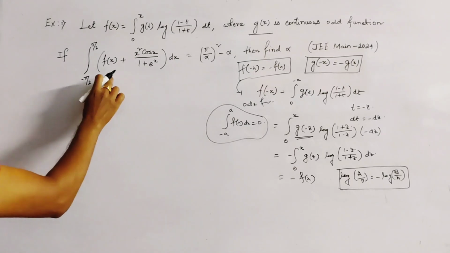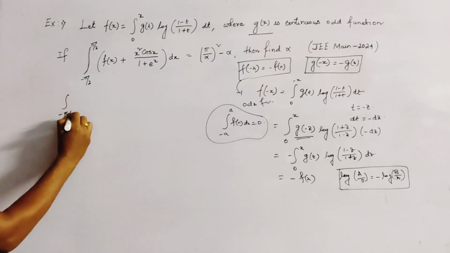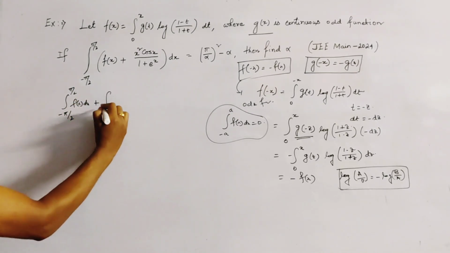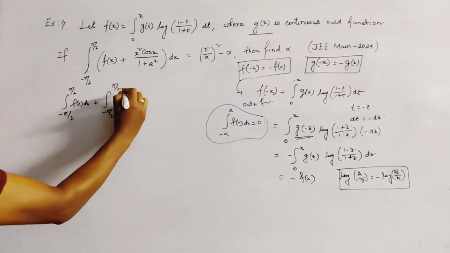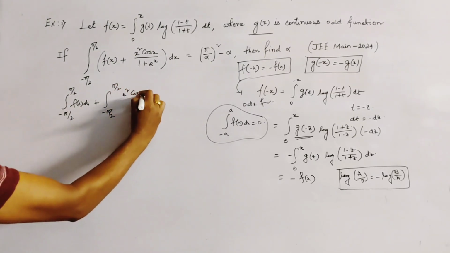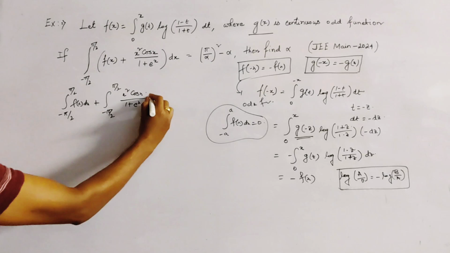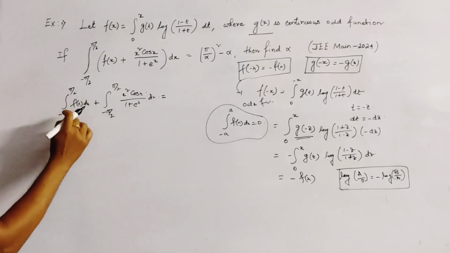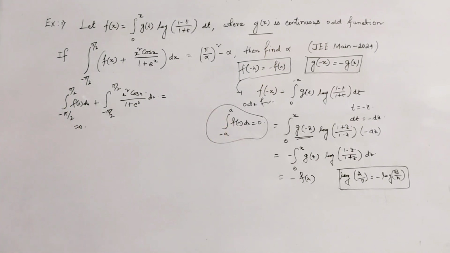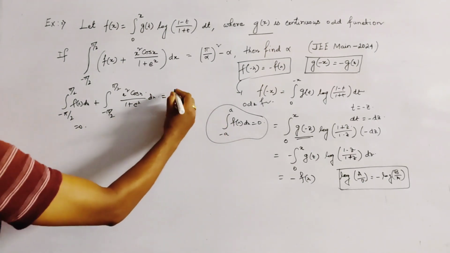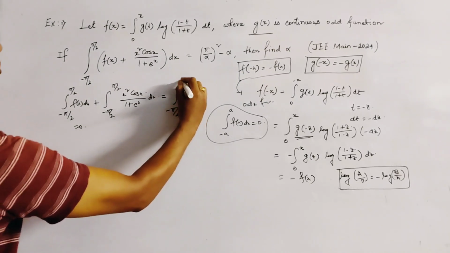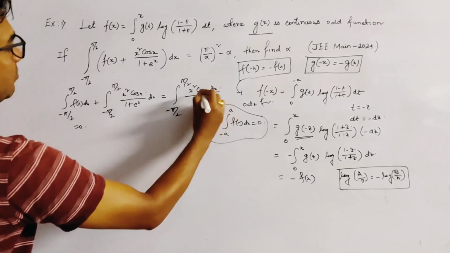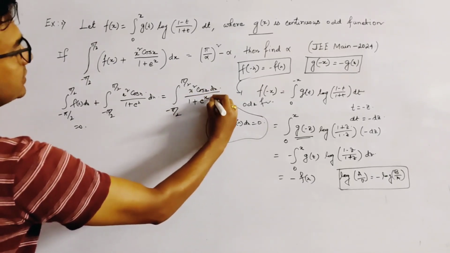So for this expression, integration minus pi by 2 to pi by 2 of f(x) dx plus integration minus pi by 2 to pi by 2 of x square cos x by 1 plus e to the power x dx is equal to, the first integration becomes 0 by the odd function property, and this becomes integration minus pi by 2 to pi by 2 of x square cos x dx by 1 plus e to the power x.